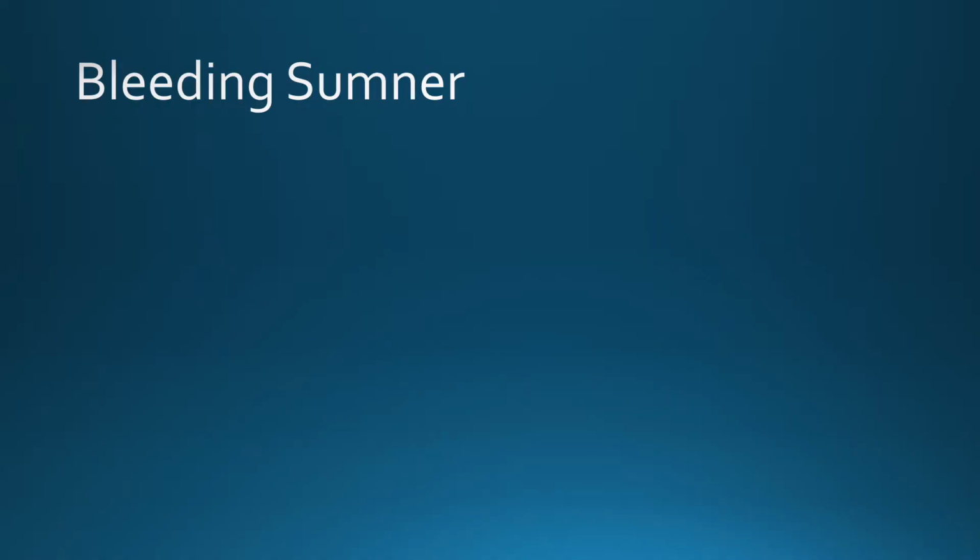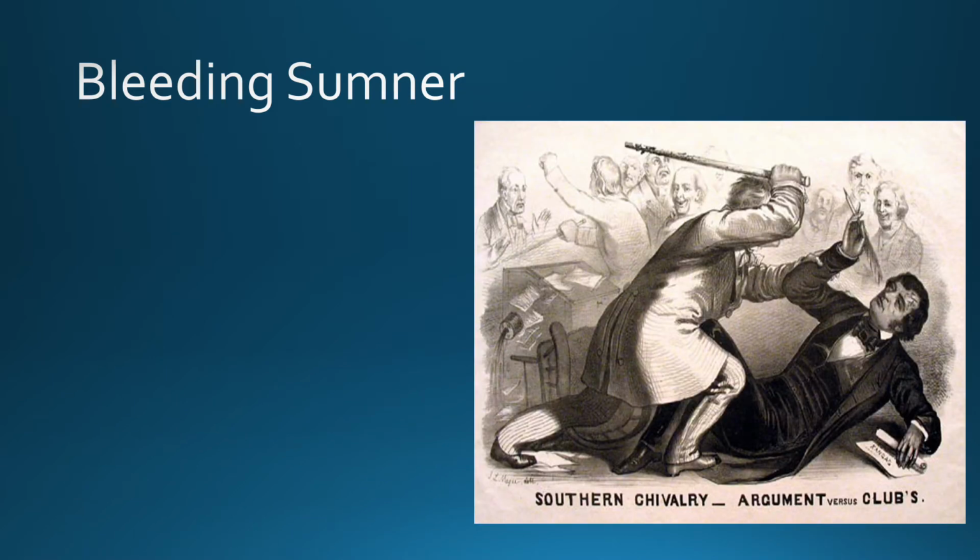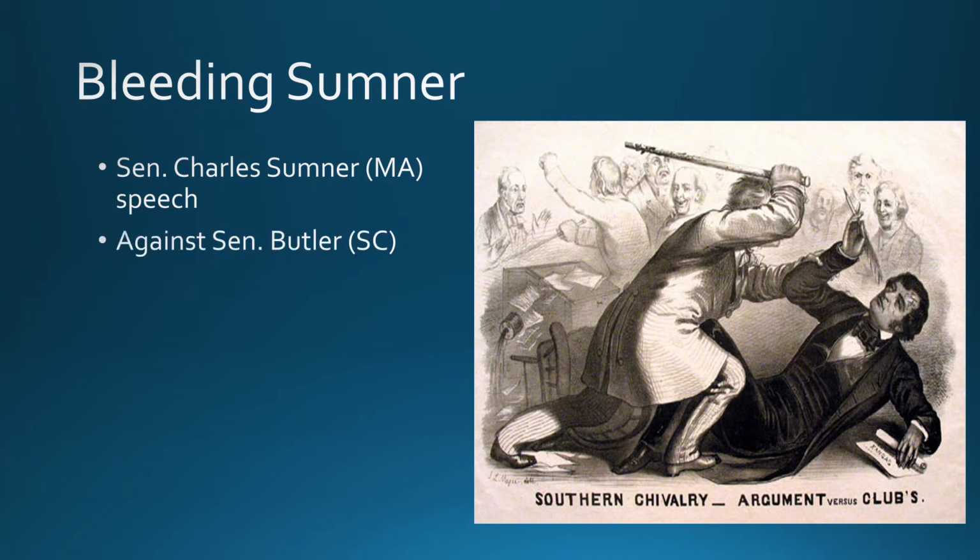Okay, to just show how depraved and insane the situation is, this issue will even reach the congressional floor in an incident that's been termed Bleeding Sumner. In the Senate, a senator from Massachusetts named Charles Sumner gives a speech, and in this speech he makes an aggressive attack against another senator, Butler of South Carolina.